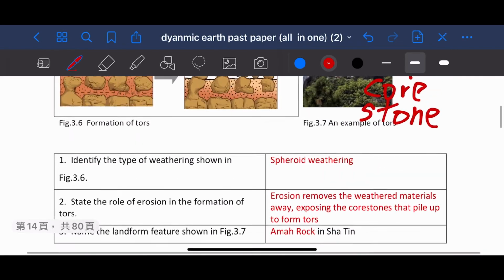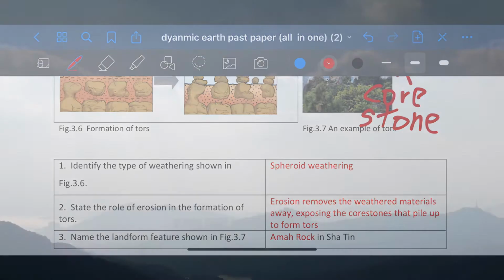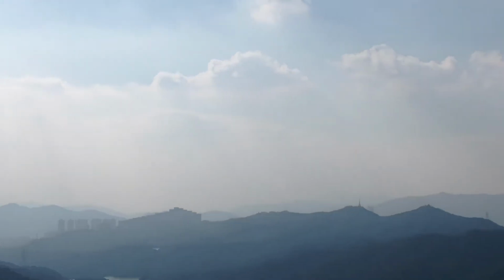And then afterwards, I would like to show you a greater view, a larger view, apart from the Amah Rock, which is about the Shatin Valley.